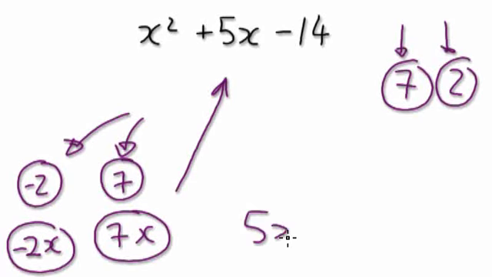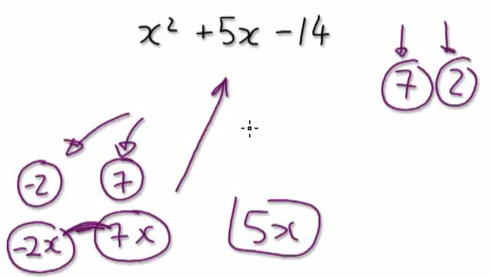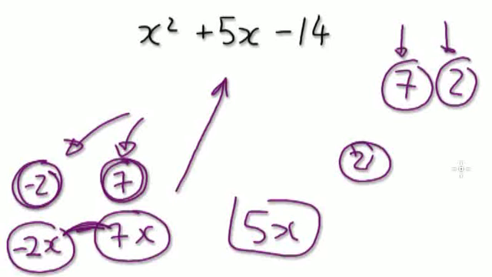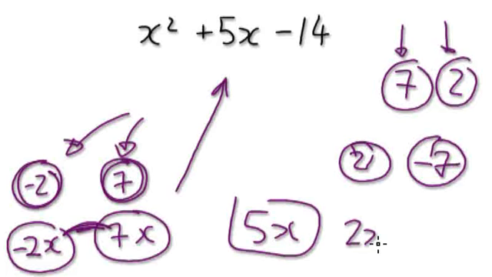This here will give you 5x, which is what we want when you come to merge these two together. So making it minus 2 is a good option. Minus 2, positive 7. Had you taken positive 2 and a negative 7, it will give you 2x, and then here it will give you minus 7x.